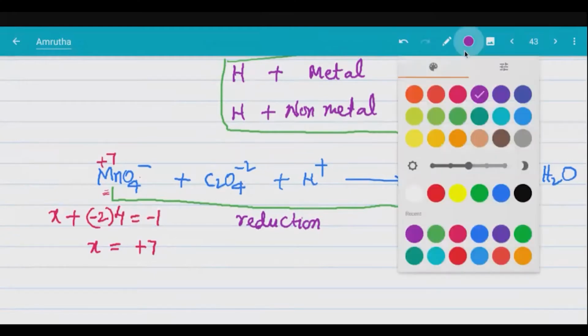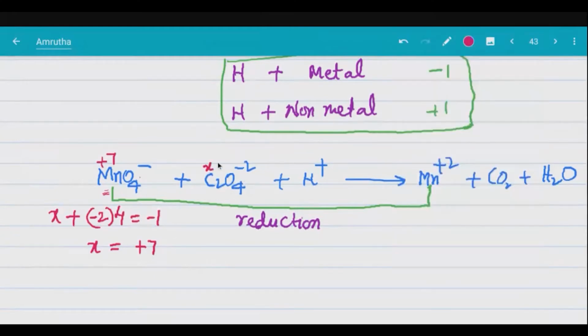So carbon oxidation number, can anybody tell me now? It is X, no? 2X plus (-2 into 4) is equal to -2. So X is equal to +3. Yes, it is +3. Everyone is getting this right? So this is the oxidation number of carbon, left side. Now what is the oxidation number of carbon, right side? It is +4.